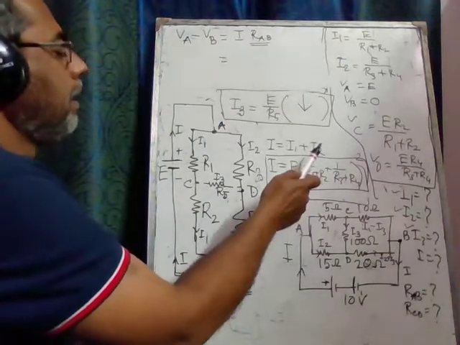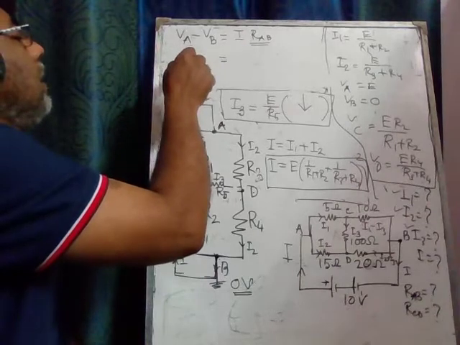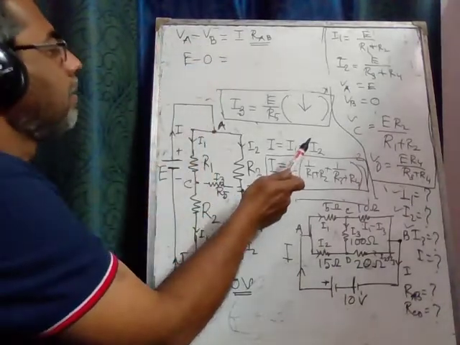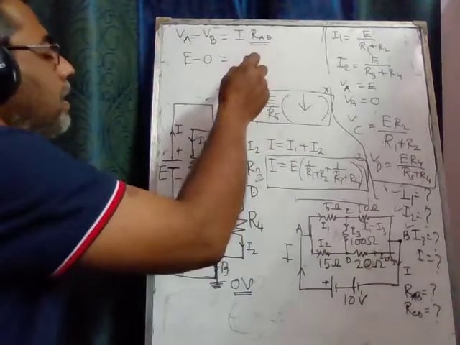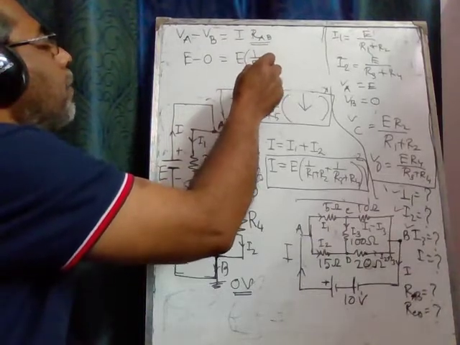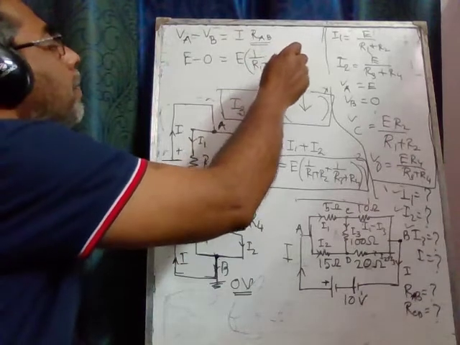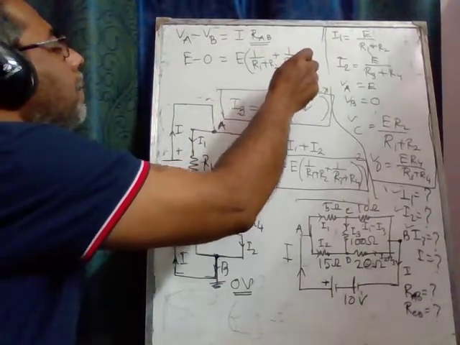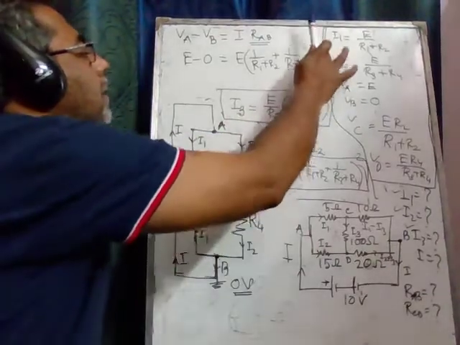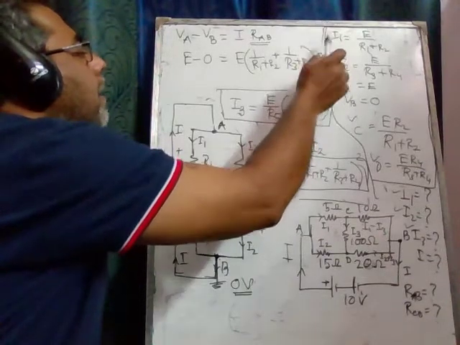This one is I. So we can also have it from here. VA is E, VB is 0, and I is given by this expression. So this is E times 1 over R1 plus R2 plus 1 over R3 plus R4, times RAB, right?